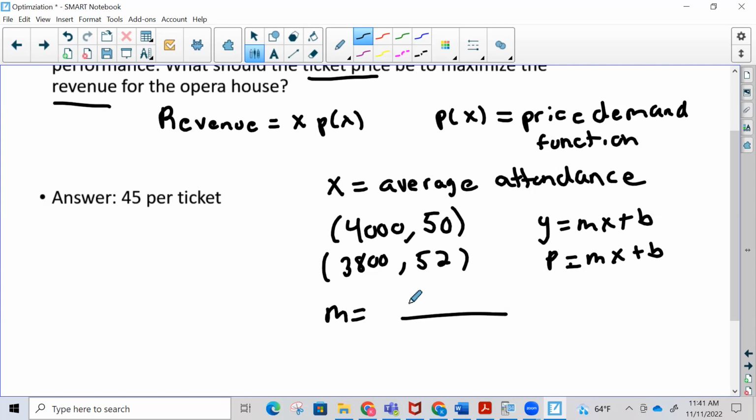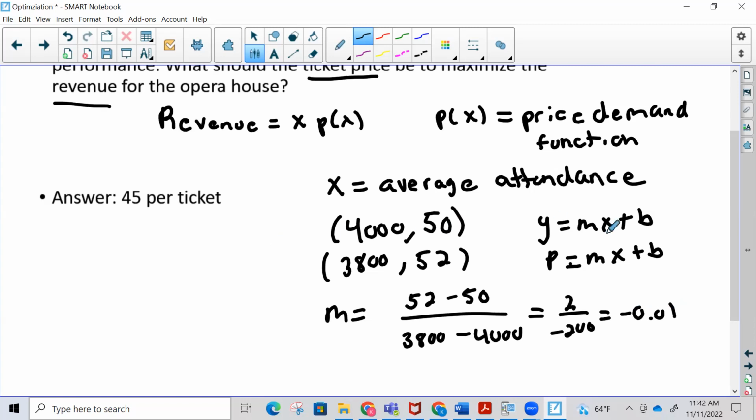The slope is Y2 minus Y1 over X2 minus X1. So we get 2 over negative 200. You can either leave it as a fraction or a decimal: negative 0.01, or negative 1/100.